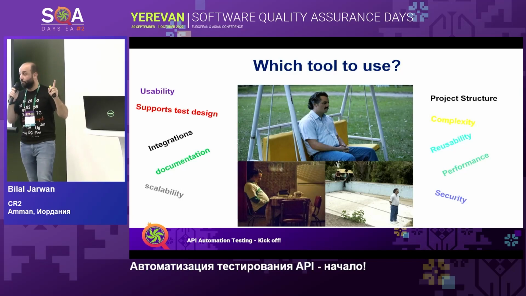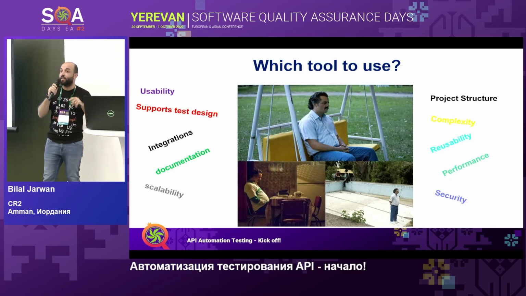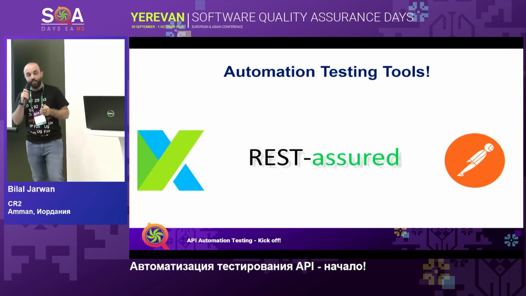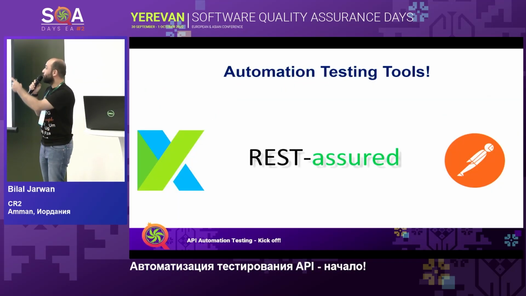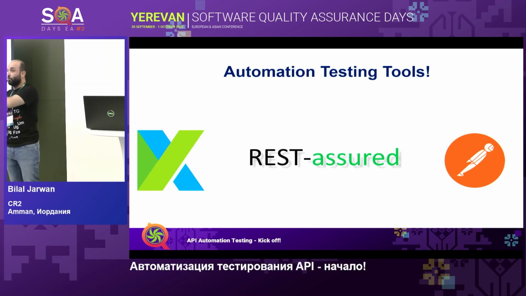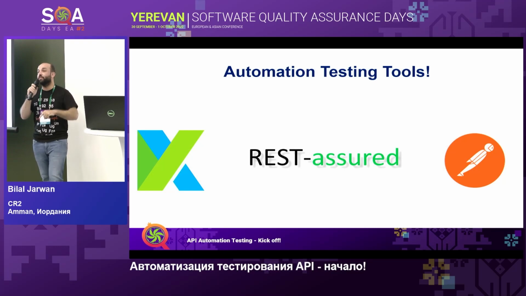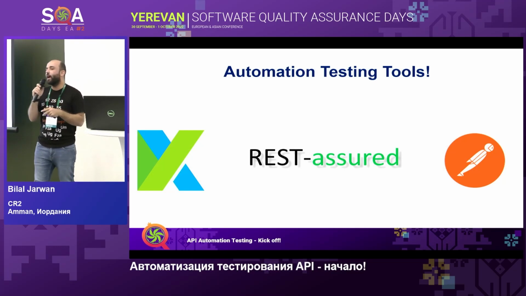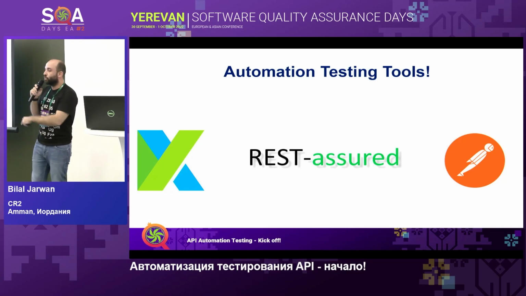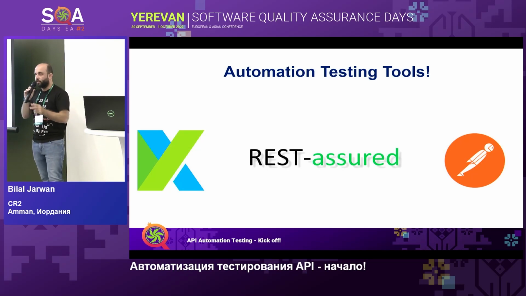Postman, one of the top used. Rest Assured, one of the top used. And Katalon, one of the top used. As you see, we have three competitors in the market, and each tool has advantages and disadvantages. And we will see why we choose this tool to automate our tests, not another tool.